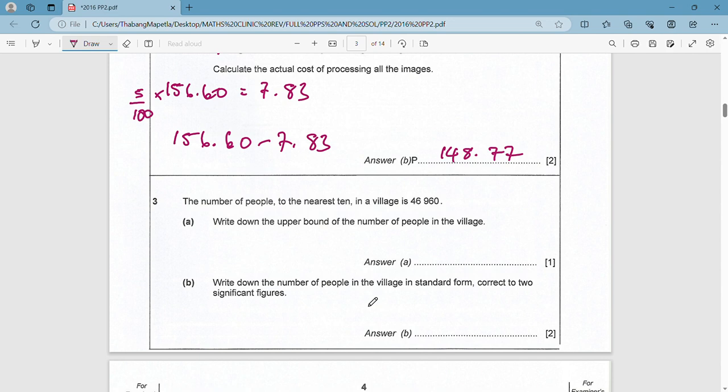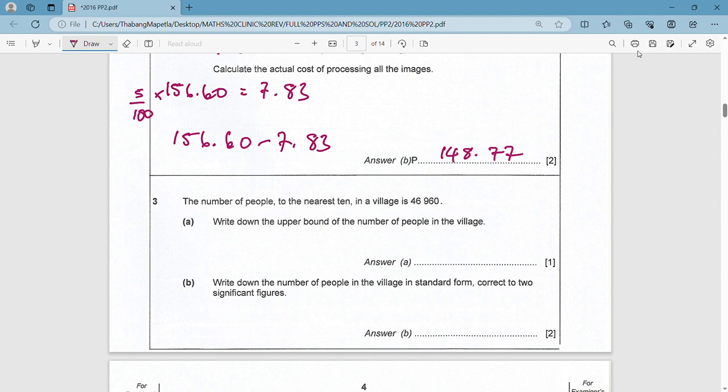Question number 3 says that the number of people to the nearest 10 in a village is 46,960. And part A says write down the upper bound of the number of people in the village.